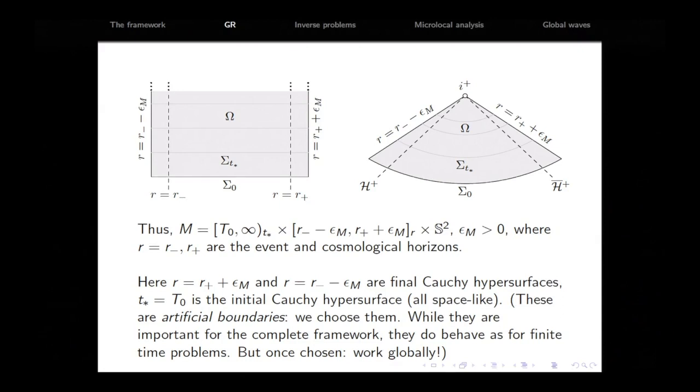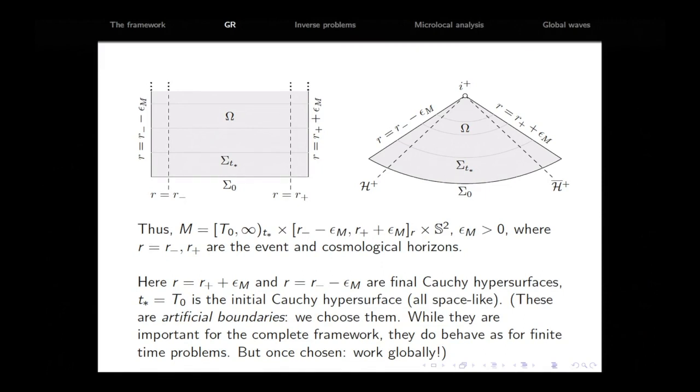Anyway, the region that you're working with is going to look as follows. I have a time interval, which I'm calling T star. It's a shifted version of the usual time, the usual thing in these general relativity problems, the frame dragging, starting at some initial time T0.